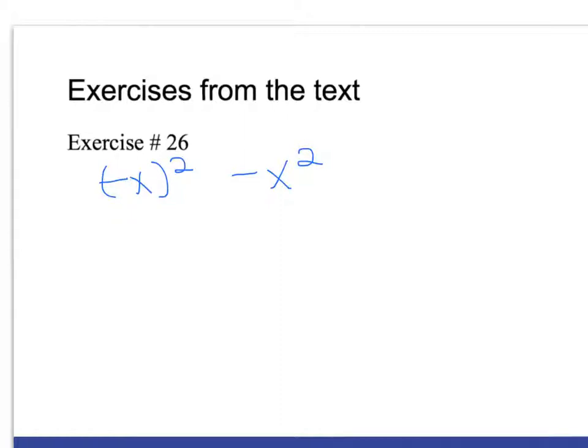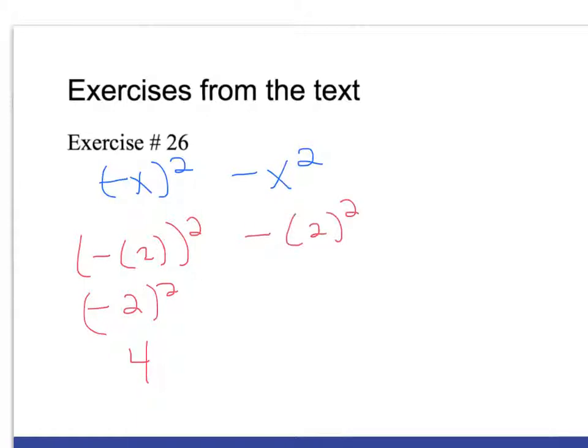So for the first one, I'm going to say negative 2 squared becomes negative 2 squared, and it becomes 4. This one is written this way because that set of parentheses, on the second one, there's not any. So that negative stays outside when we plug in. So that gives us a 4, so our answer is negative 4. So we had 2 answers for this one. We had positive 4 and negative 4.